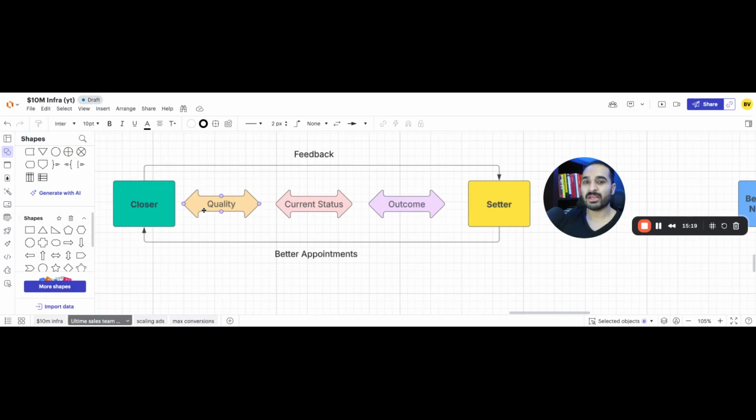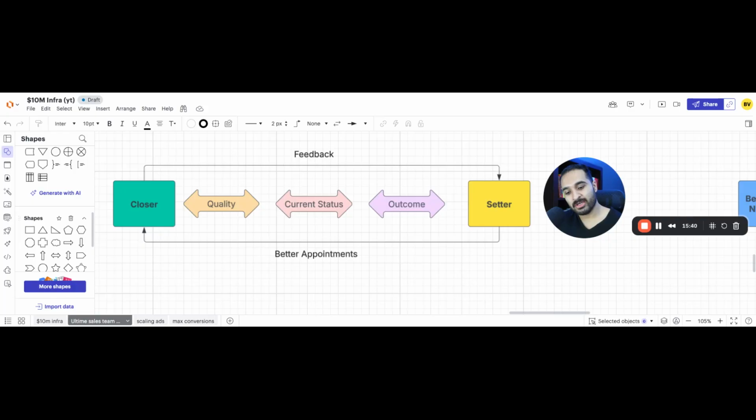If the closer tells them, "Hey, the last 3 calls you booked, they weren't aware, whether it's the price or the urgency wasn't there or whatever it is," that feedback should go to the setter. So now the appointments the setter books for the closer are going to be a lot better. Nowhere here does a sales manager need to be involved. You can be involved on a weekly basis.